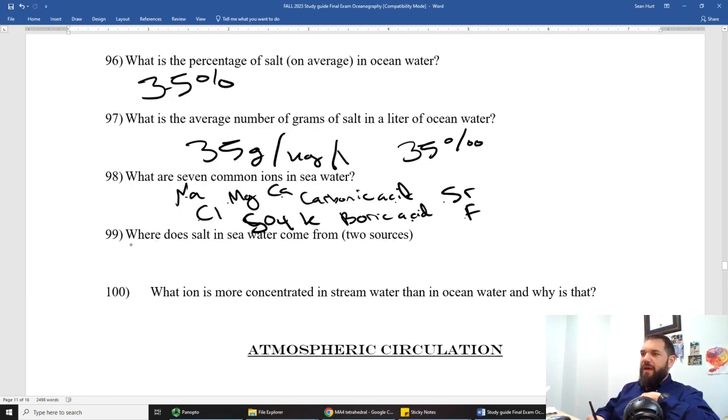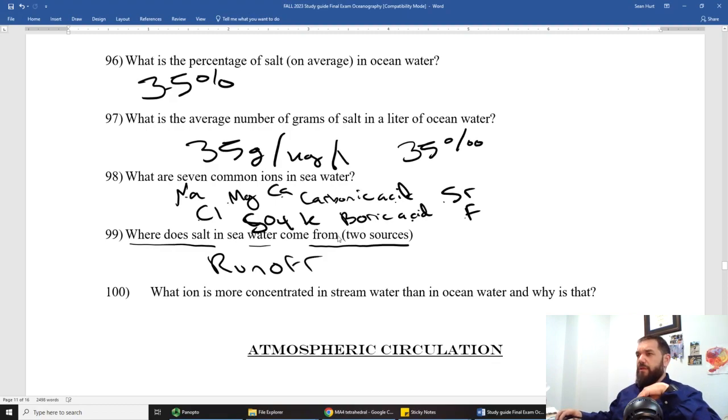Next one, it says, where does salt in seawater come from? The 2 sources: the salt comes from runoff from rivers, and the other source is volcanic outgassing. And you know that there's a lot of volcanic outgassing going on at the mid-ocean ridges, so I'm going to just put here mid-ocean ridges.